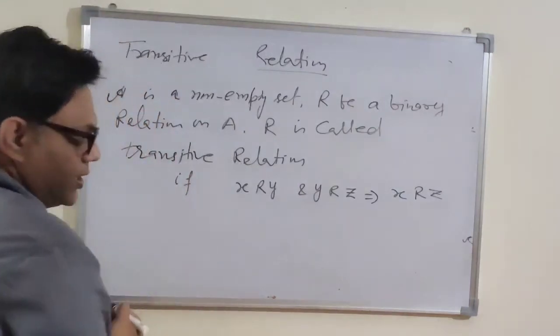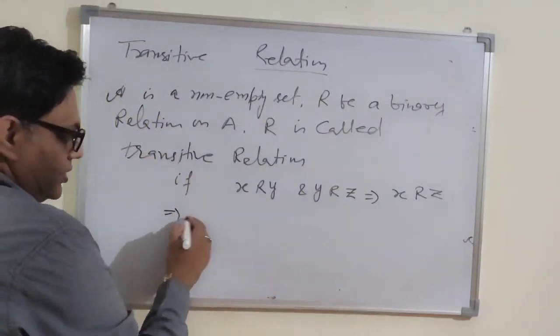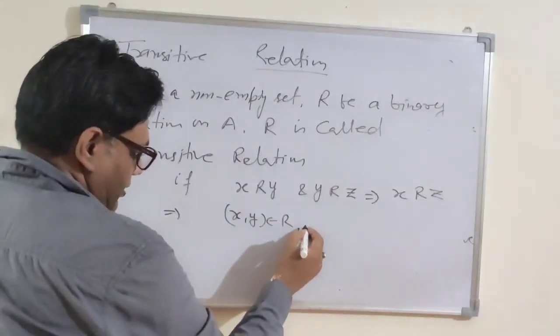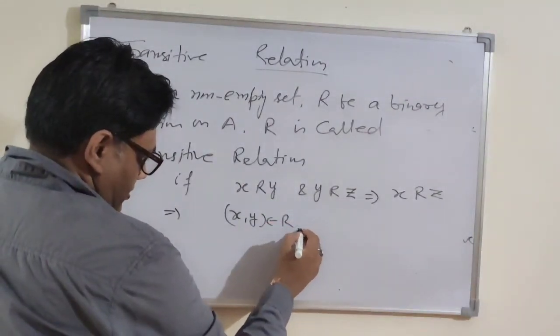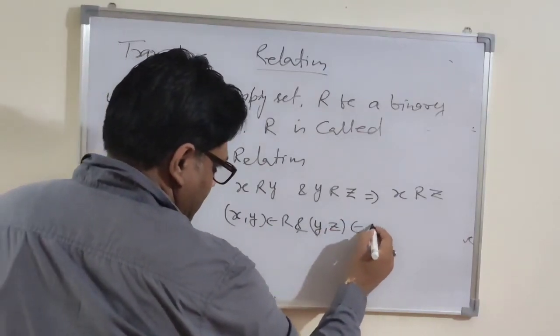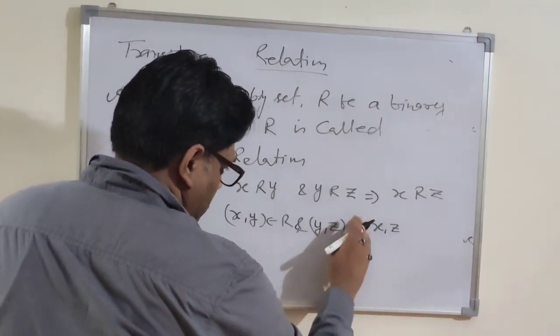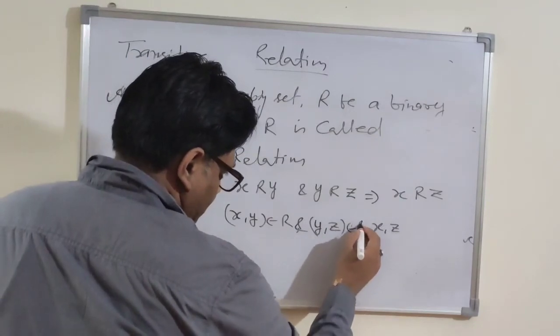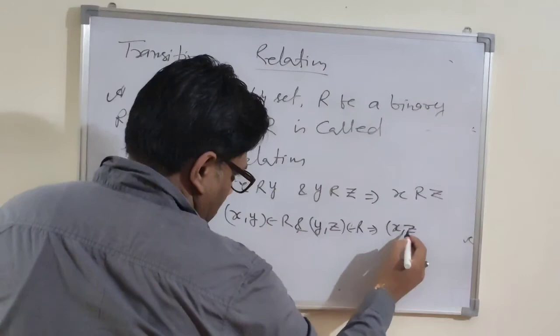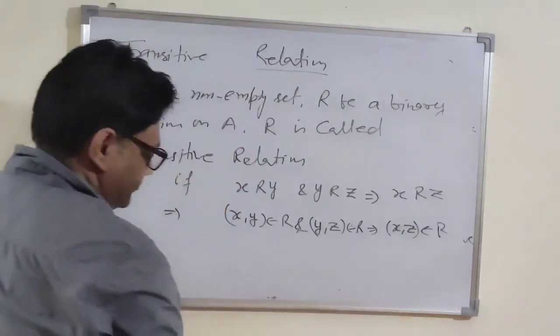It is called the transitive property, or in other words, (x, y) belongs to R and (y, z) belongs to R implies (x, z) also belongs to R.